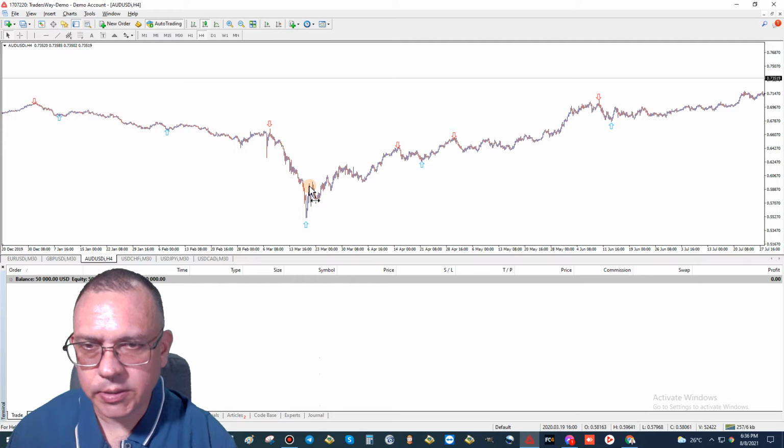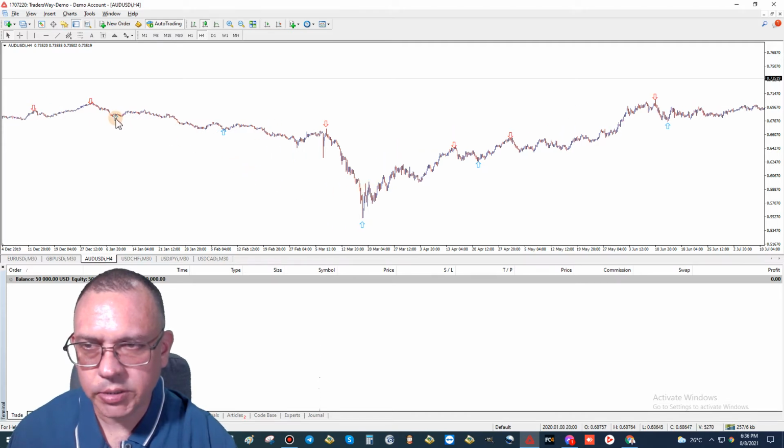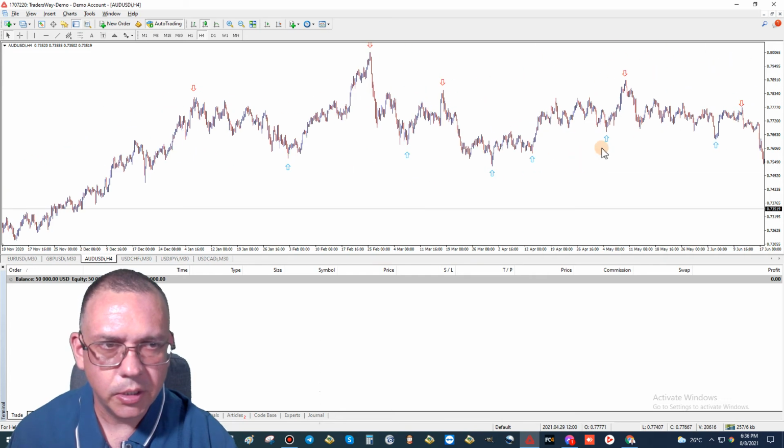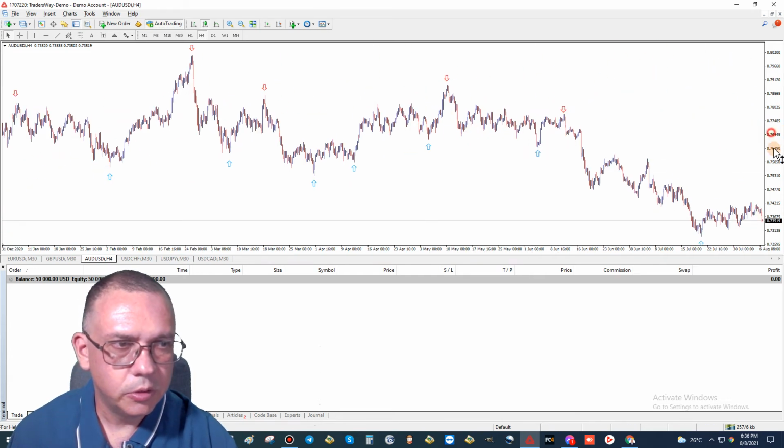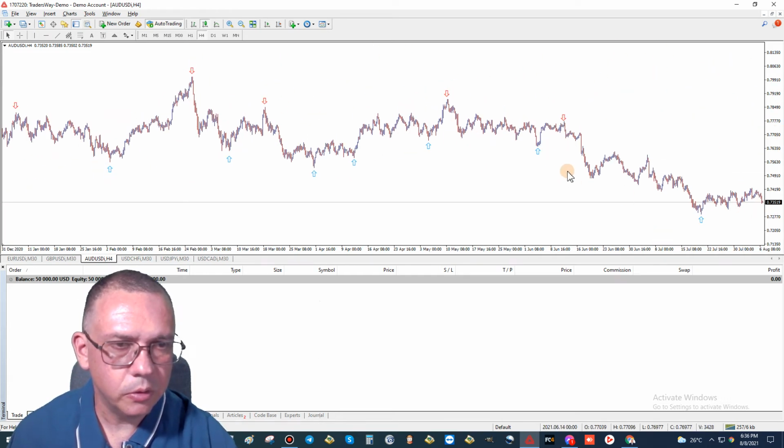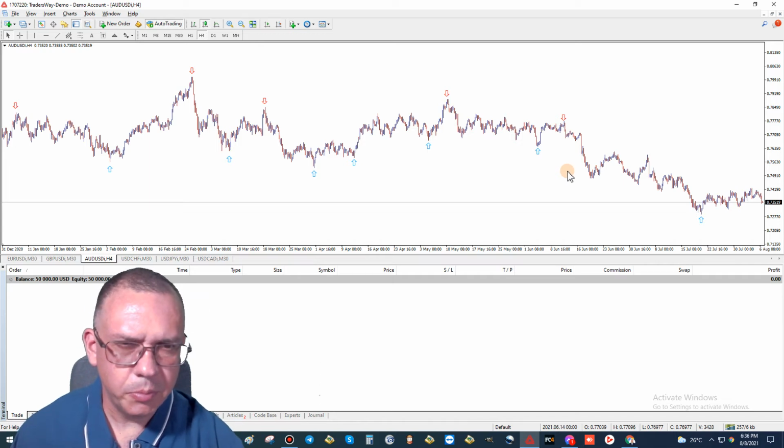Forex is one of these things where history repeats itself. Okay, here we go. We got another blue arrow lower than the other. So it is possible to have another blue arrow lower. Pretty much anything's possible in Forex, with these trends, but you see it's just kind of riding sideways.